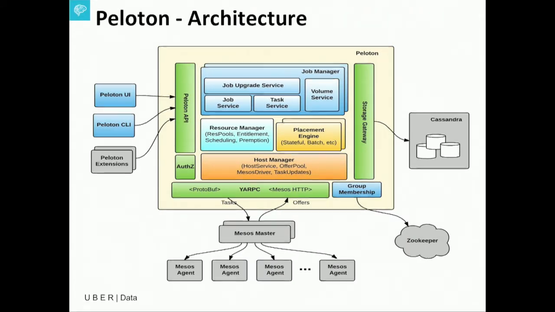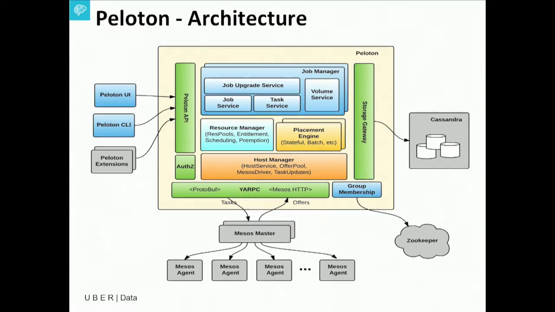So the Peloton architecture, we remove, so think about the resource manager piece in Yarn. We change it to multiple components. One is the job manager component. There is another resource manager component, placement engine, and the host manager. So the job manager only handles the job and task lifecycle.